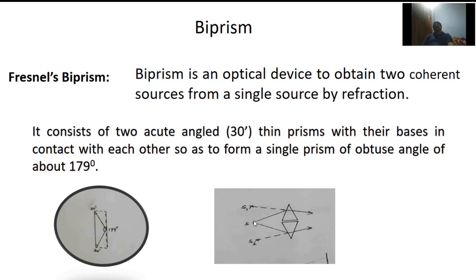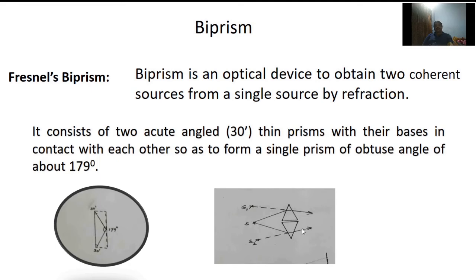Here the light from the source falls on the prism. After refraction it emerges along this direction. When this emergent ray is produced in the backward direction, it meets at the point S1. In the same way, another ray is incident on the prism and after refraction emerges along this direction.